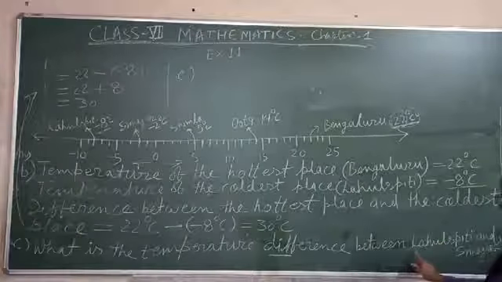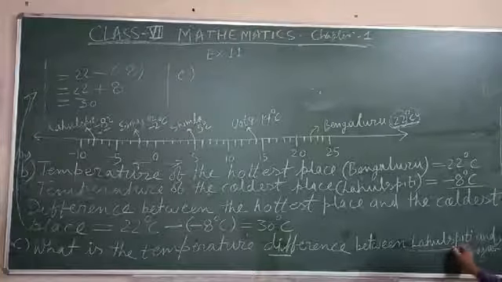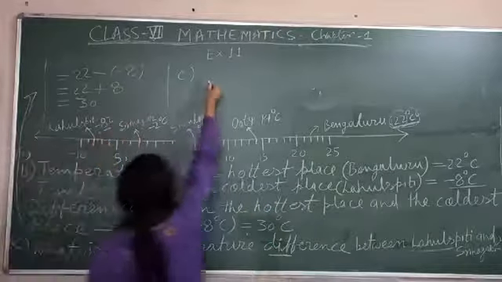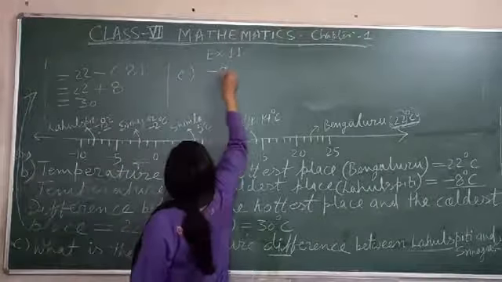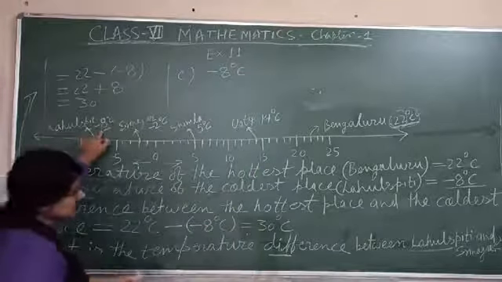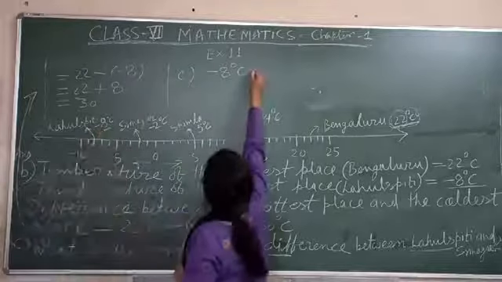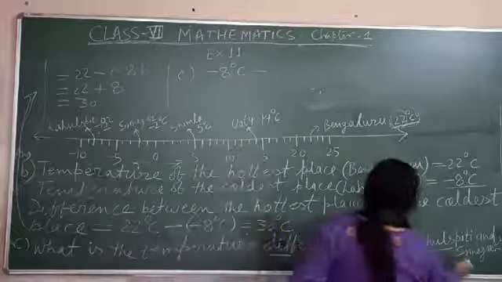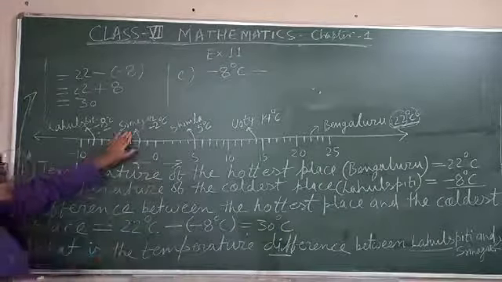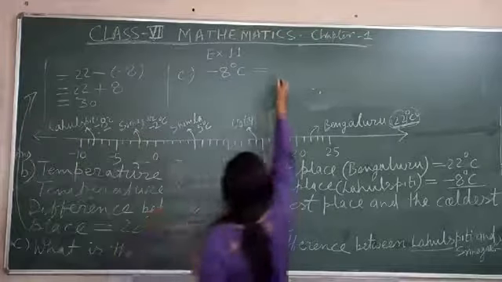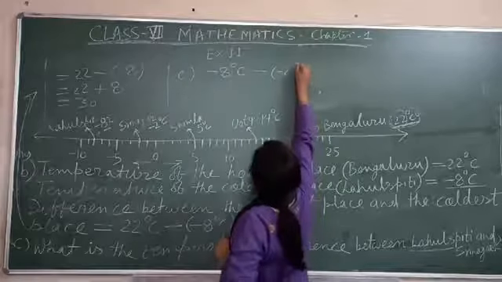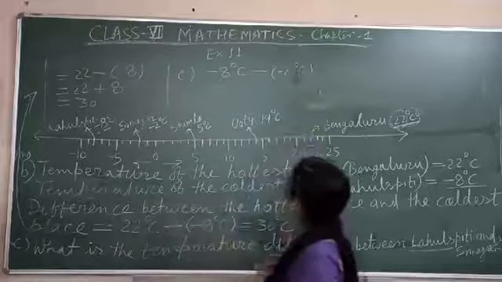Temperature of Lahaul Spiti is -8 degrees Celsius. Difference means minus sign. And then the temperature of Srinagar, that is -2. Within bracket you have to write -2 degrees Celsius. Okay.